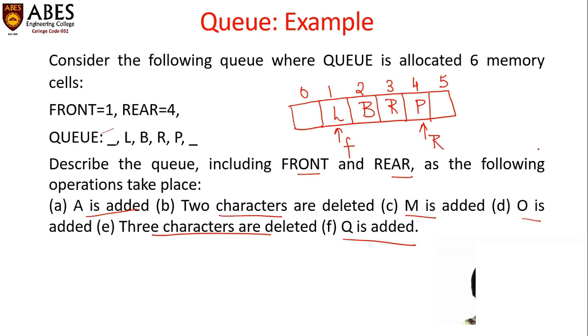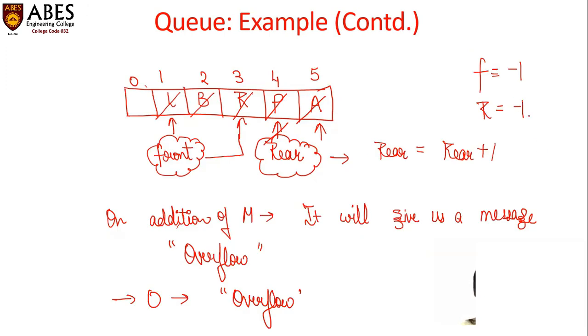Then Q is added. Initially, the queue is blank right now. Front is at -1. Rear is also at -1 position.